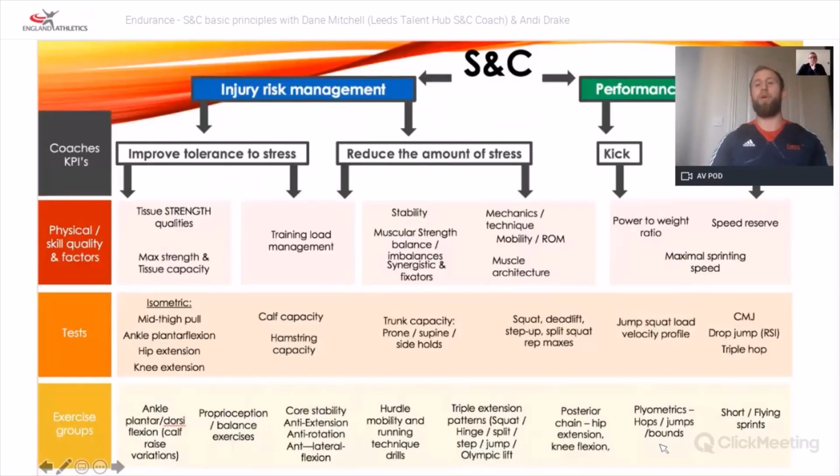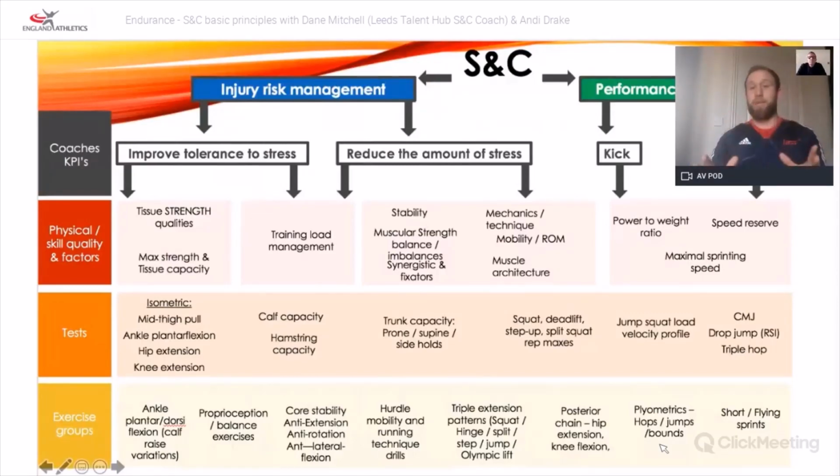I can make them robust by improving their tolerance to repeated stress. That means I can make them stronger, I can make tissue stronger, bone, ligament, tendon, muscle, or I can slowly improve their tolerance to stress by working with the running coach and slowly and methodically increasing their training load, say their mileage or their total volume above certain speeds, because we know that is an injury risk as well.